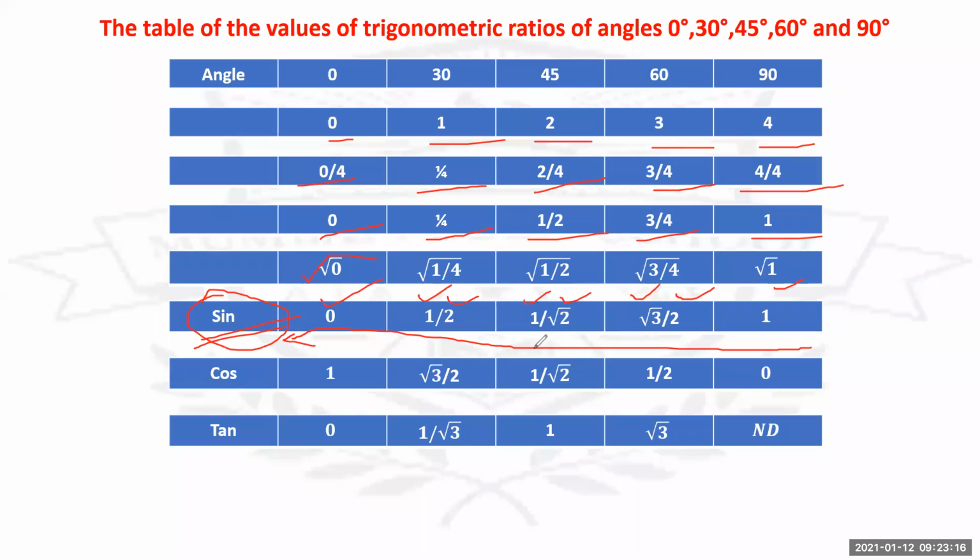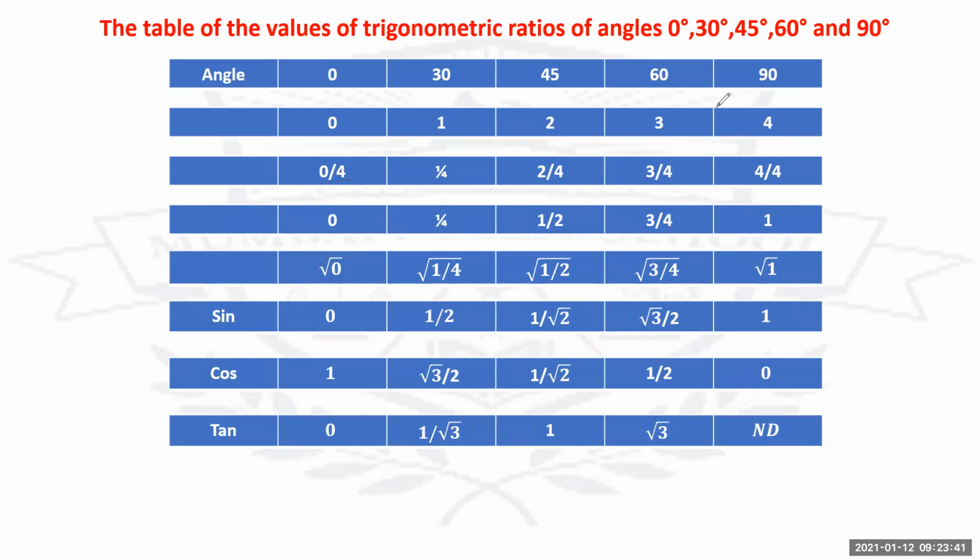Sine 45 equals cos 45, that is 1 upon root 2. Then sine 30 equals cos 60, that is 1 upon 2. And sine 0 equals cos 90, that is 0. After that, you have to take the ratio of sine and cos for the value of tan.